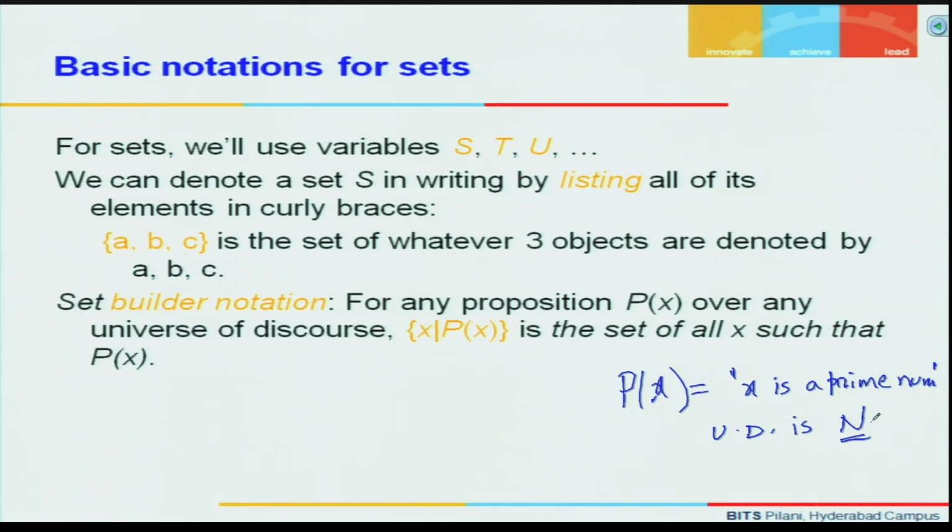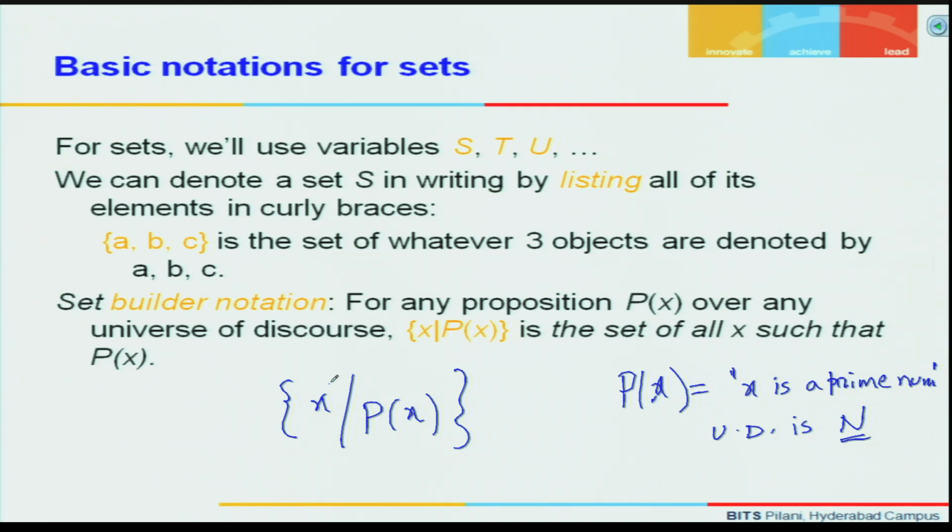Then the set that I am going to define is the set of all x for which P(x) is true. Can I do it or not? I have defined a predicate P(x), which is nothing but "x is a prime number", and the universe of discourse happens to be the set of natural numbers. Then the set is defined like this: set of all x such that P(x), where P(x) means P(x) is true.